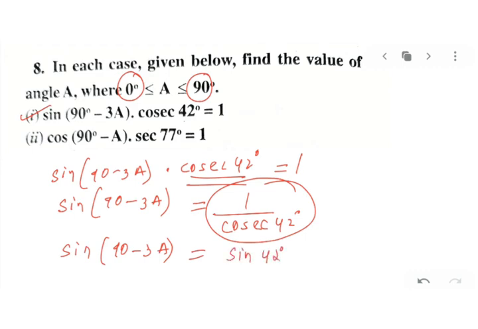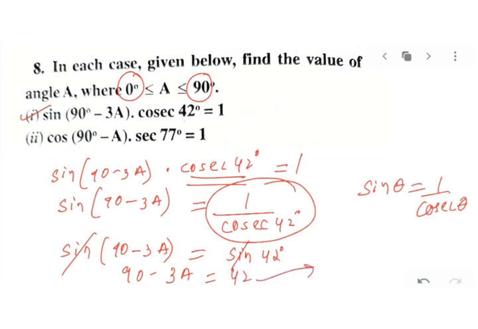Because I know that sin theta is equal to 1 upon cosec theta. Yes? Now sin cancel. You got equation 90 minus 3a is equal to 42, and from there you will solve this linear equation and you will get a is equal to 16 degree.